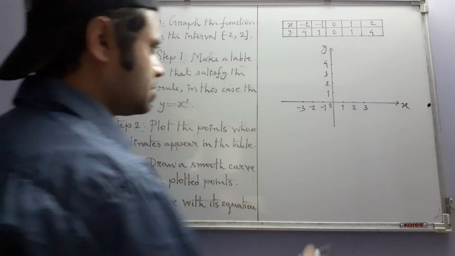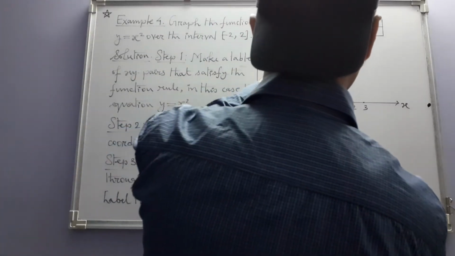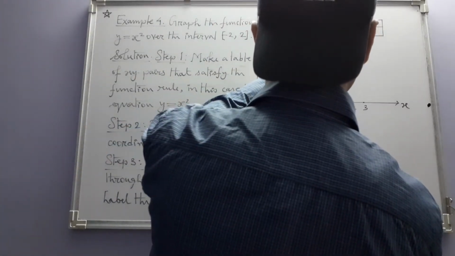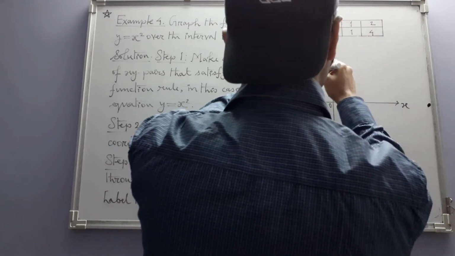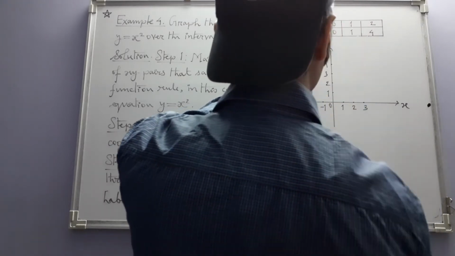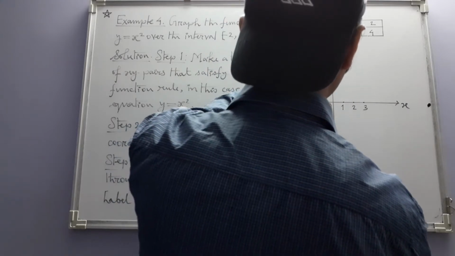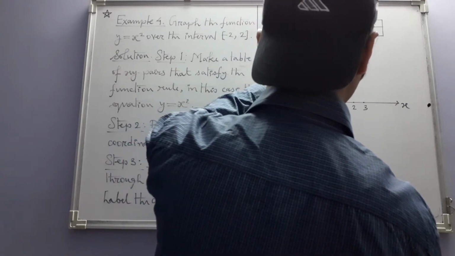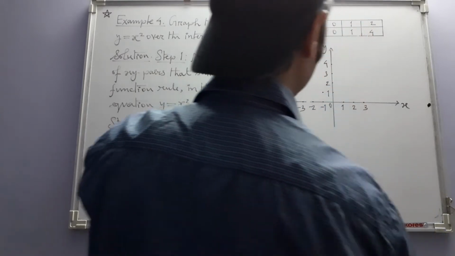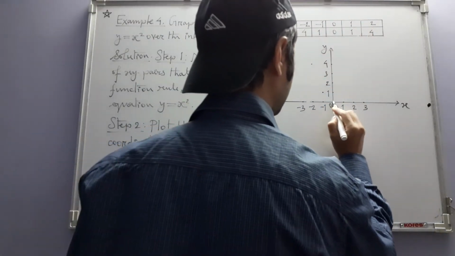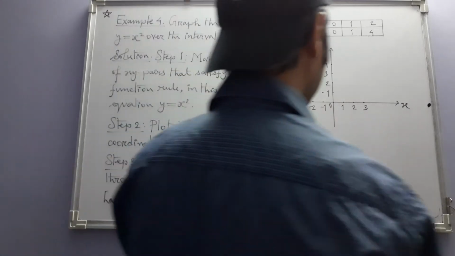So if x is -2, then y is 4. 1, 2, 3, 4. So this is one point. When x is -1, then y is 1. When x is 0, y is 0.